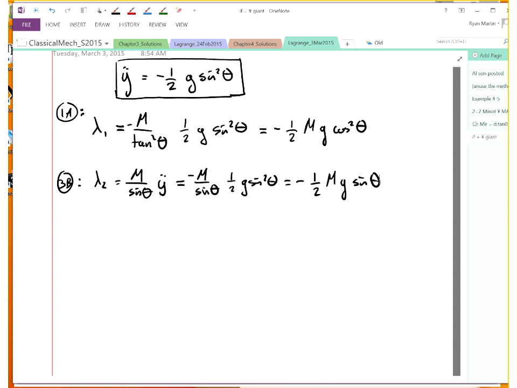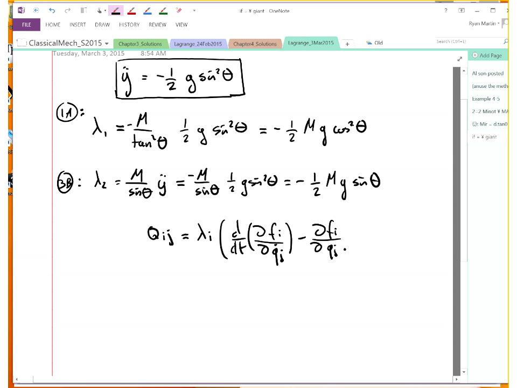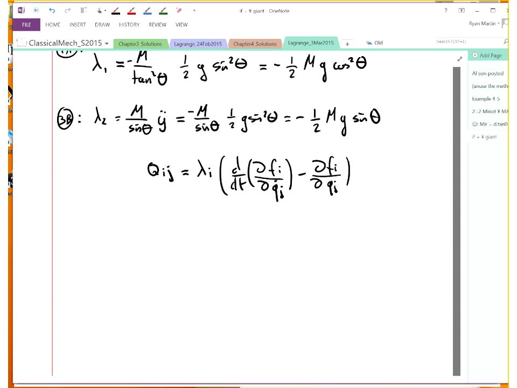Okay, so let's go ahead now and find the generalized forces that are associated with these. When we rewrite the equation for finding the generalized forces, we wrote that Q_ij was lambda_i times d by dt of ∂F_i by ∂q_j dot, minus ∂F_i by ∂q_j.